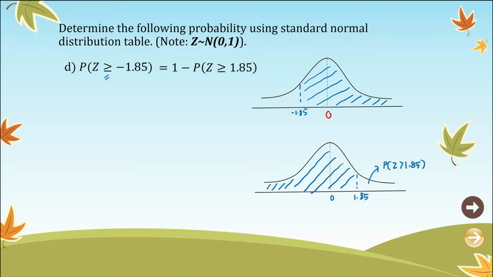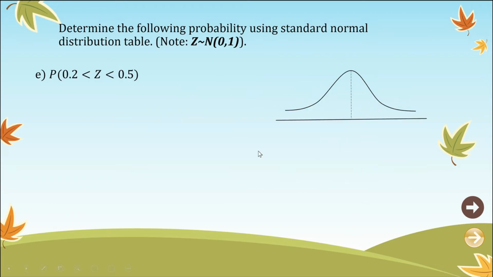We can take the value from the previous example in part C. So the value is 1 minus 0.0322. So our answer should be 0.9678.